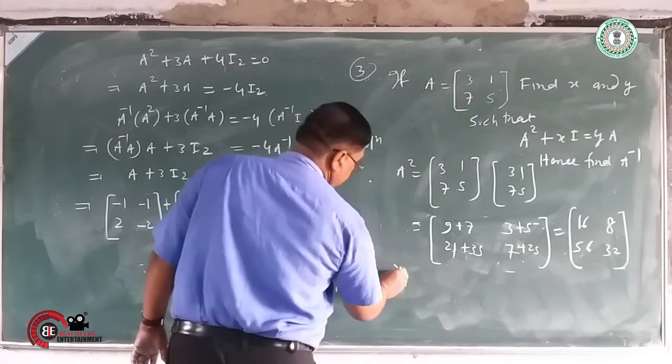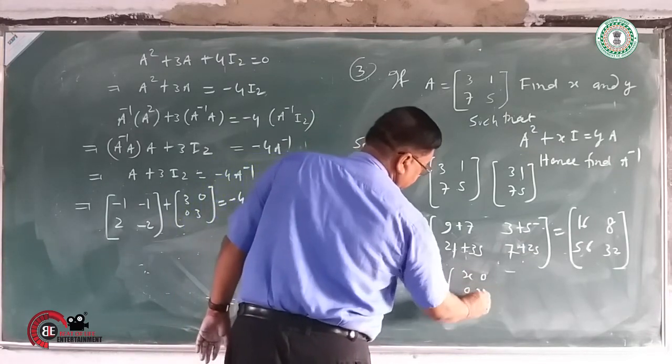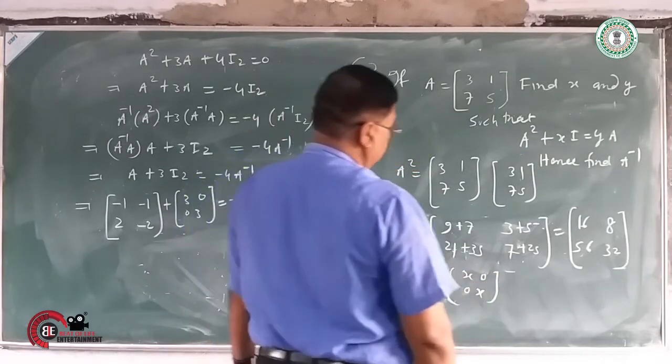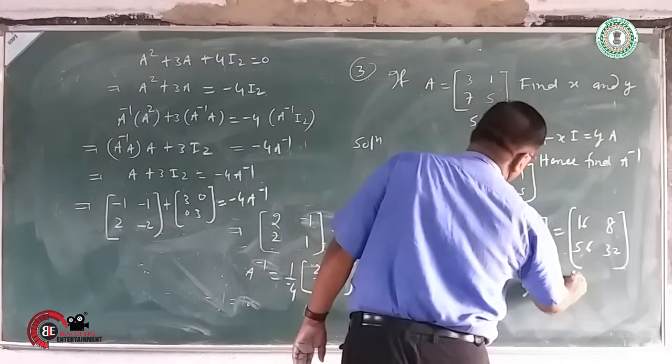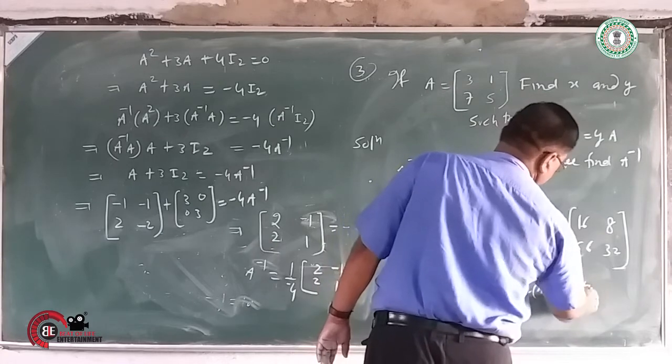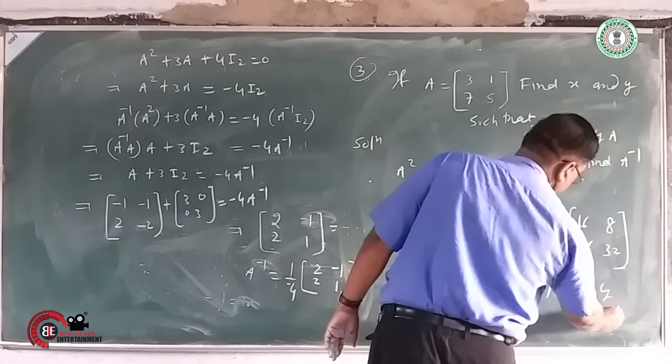Then xI is [x 0; 0 x] and yA is [3y 7y; y 5y].